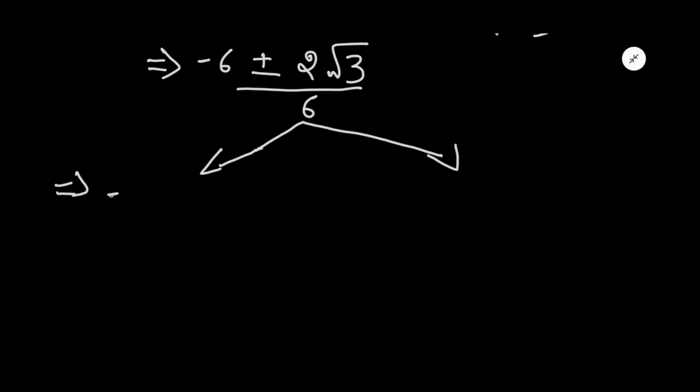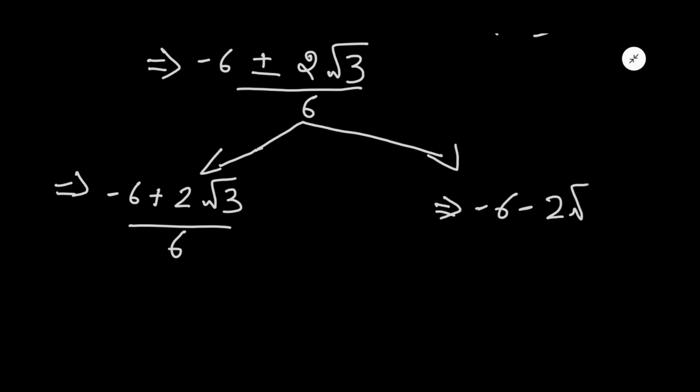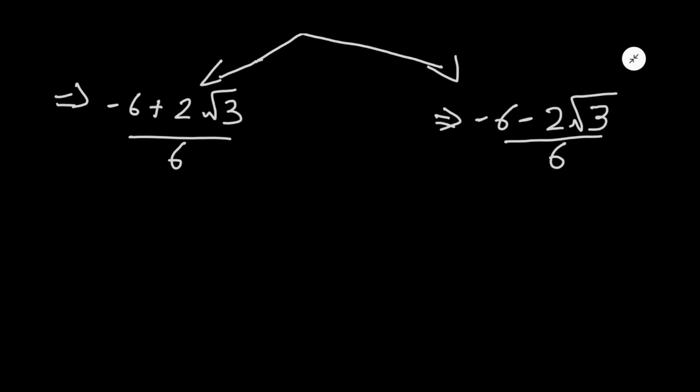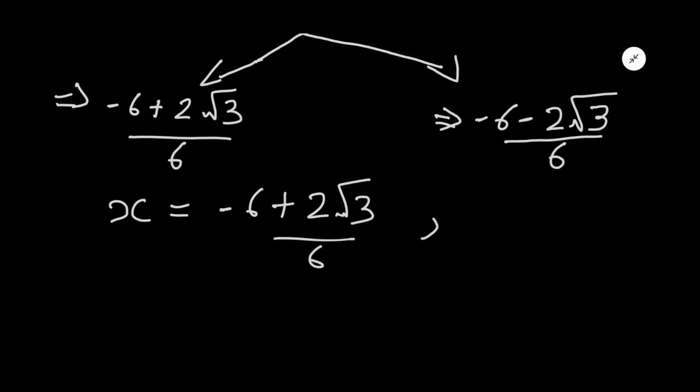One is minus 6 plus 2 under root 3 upon 6, and the other one is minus 6 minus 2 under root 3 upon 6. So here you can see both these roots are different and real. So these are the final roots.